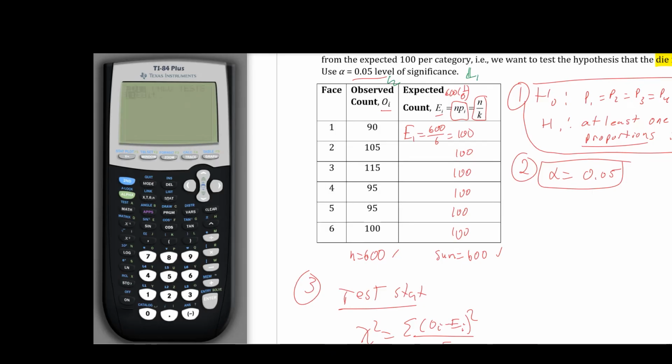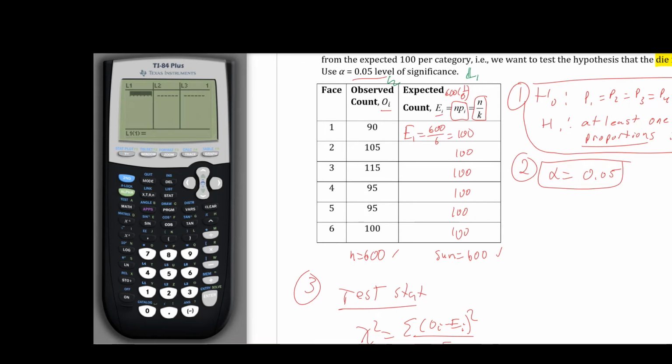If I go to Stat, Edit, I'll go ahead and clear out all these. I said I was going to put my expected under L1, so it's going to be 100 all the way down. There's 6 of those.